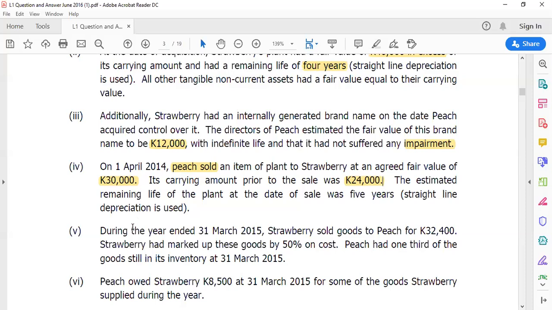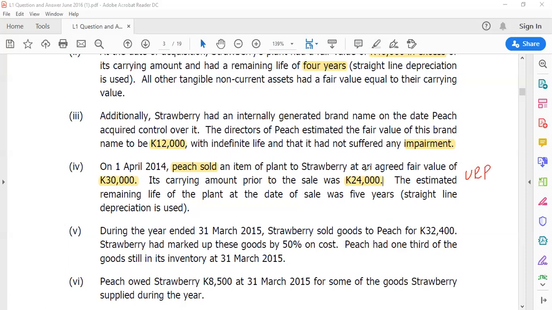Now, there is English here in this question, Mr. Gafut. And if you miss this English, this one is not just URP. There are two things happening here. There is revaluation happening here, and there is fair value.